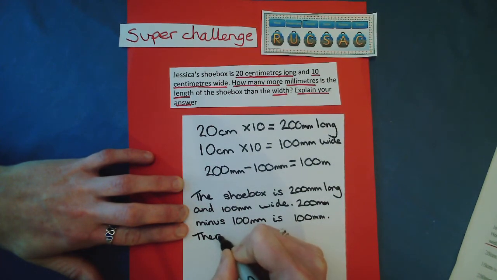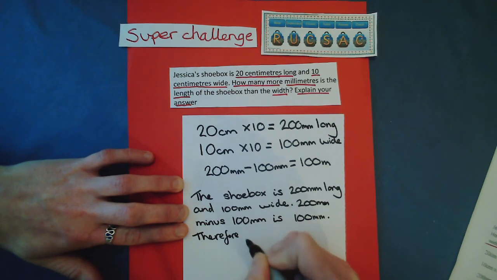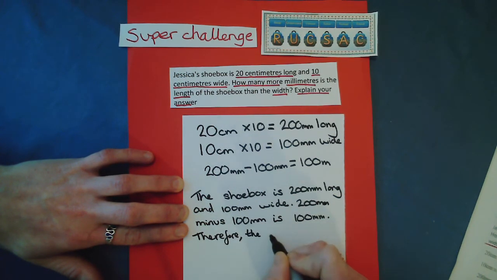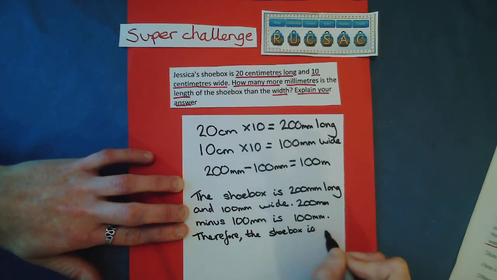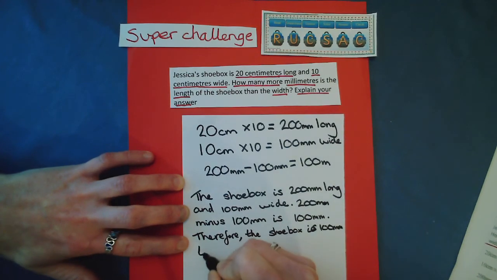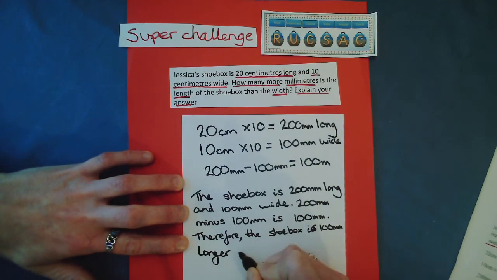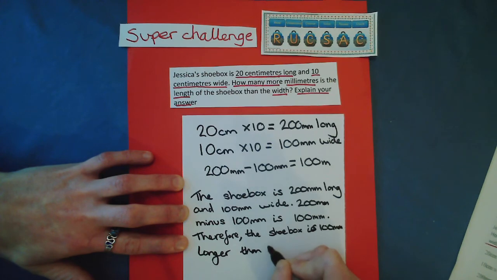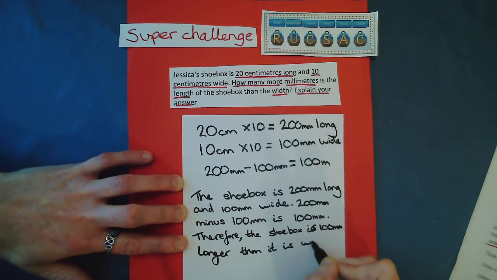Therefore, the shoebox is 100 millimetres longer than it is wide.